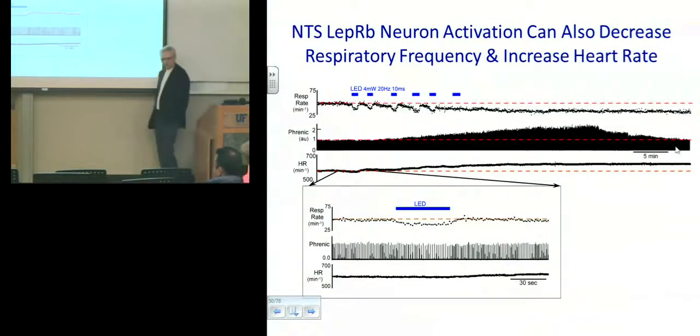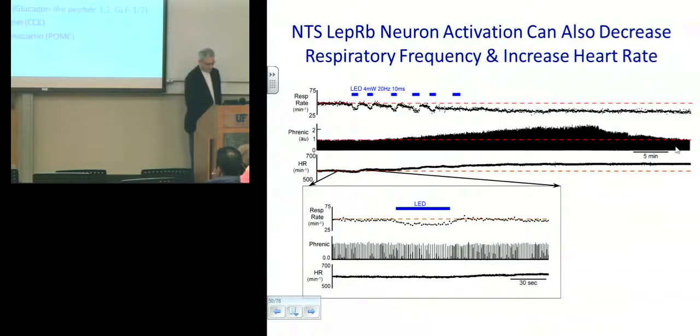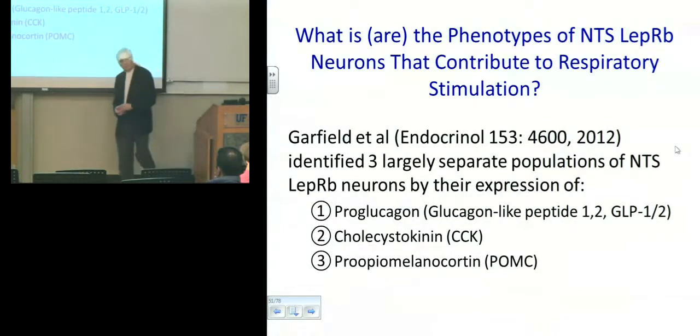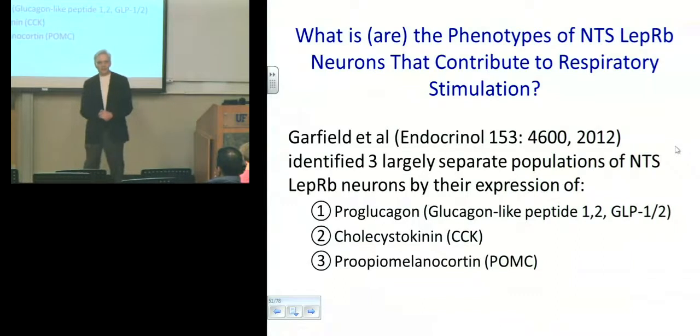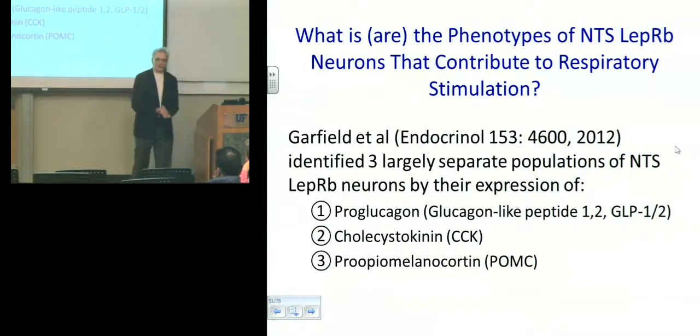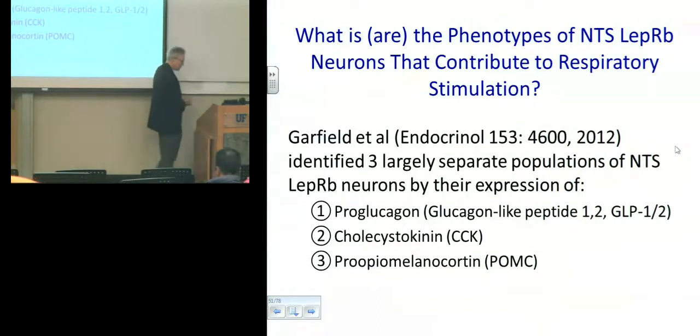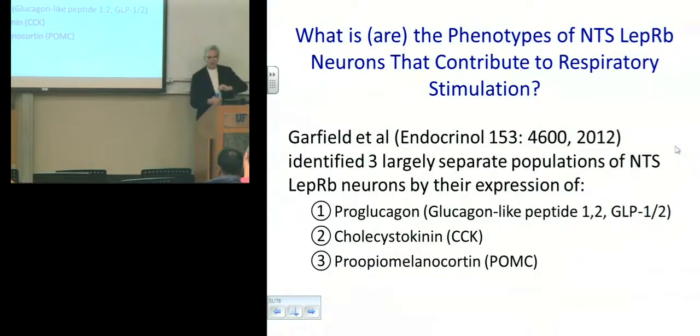So how do we explain this? First off, clearly we like the idea that activation of channelrhodopsin in these neurons produces the increase in breathing, but there are multiple different subsets of neurons in the NTS that have leptin receptors. Several of them are likely excitatory and contribute to respiratory stimulation, but some of them could in fact be inhibitory.